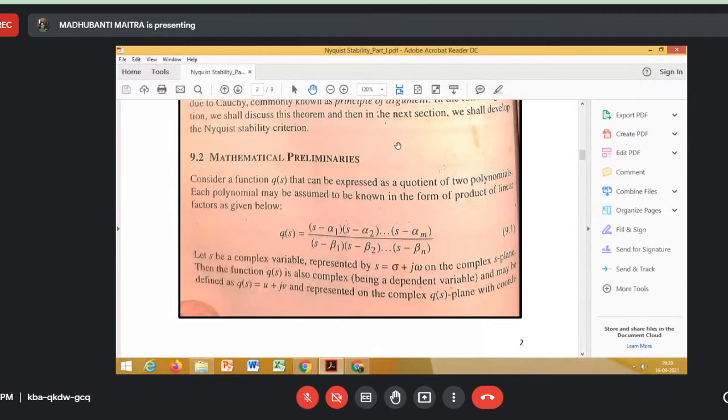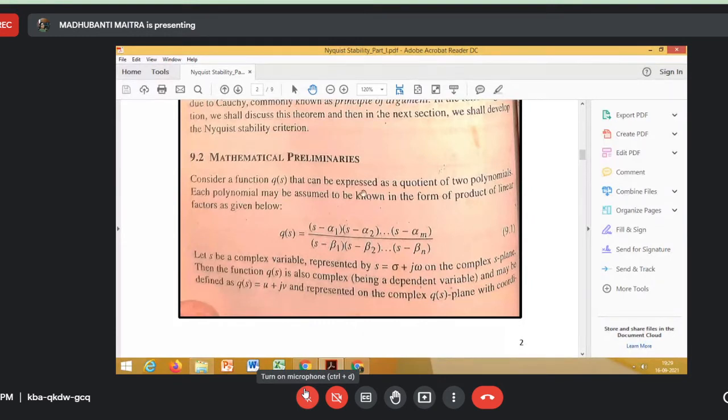So if we take a value of S for which Q(S) does exist, that means the point will lie on the S plane here. Clear?